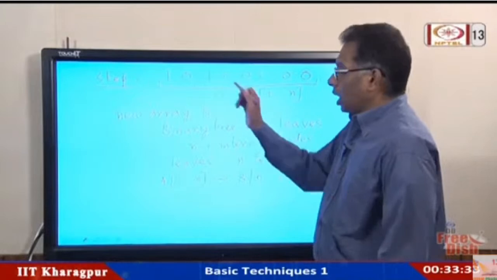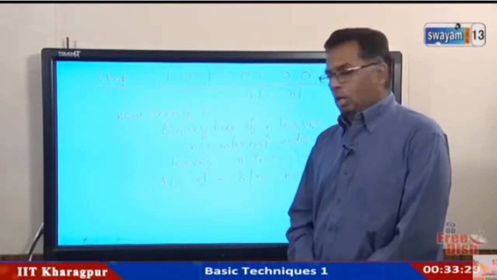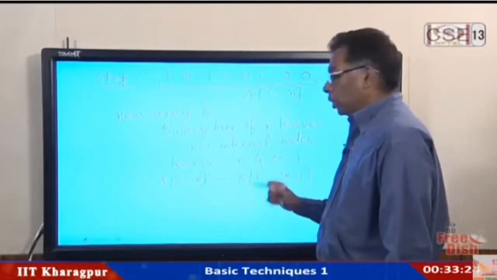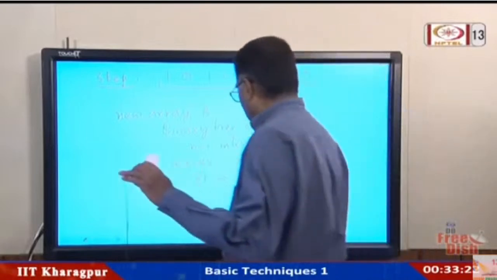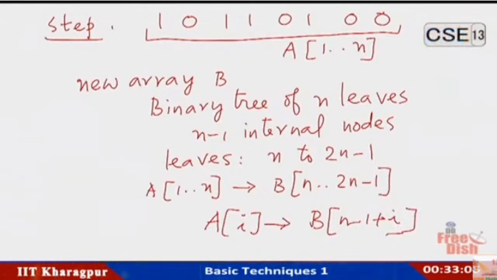The ith processor will read the ith bit, which is the ith location of A, and that will be copied into the n-1 plus ith location of B. The ith element of A has to be copied into the n-1 plus ith location of B. This copying can be done in order one time if you have n processors.